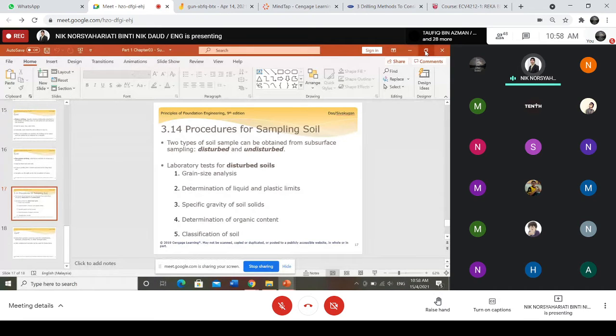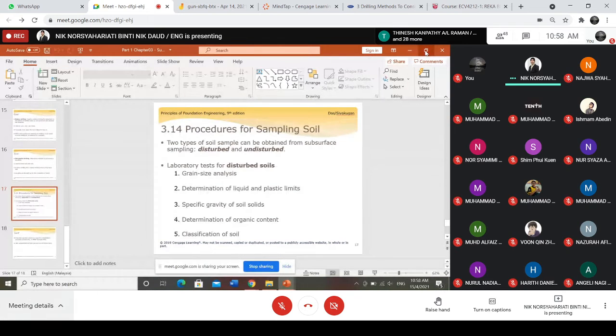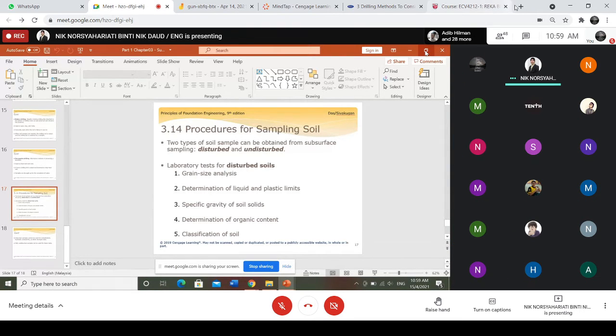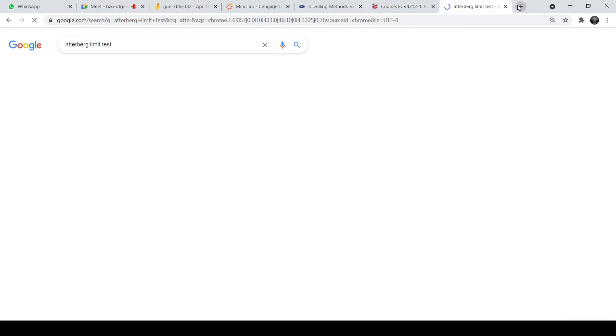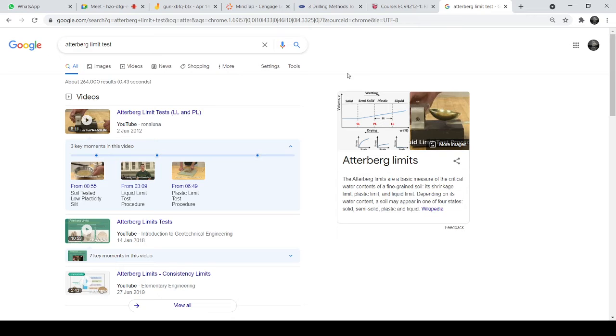Sieving, using a shaker, and so on. Do you still remember? Okay, remember. Then the Atterberg limit. Remember how to carry out the test? What is the Atterberg limit test? Water content.